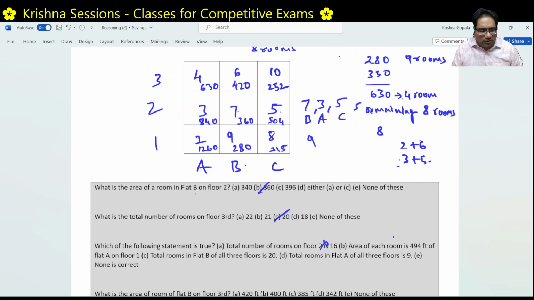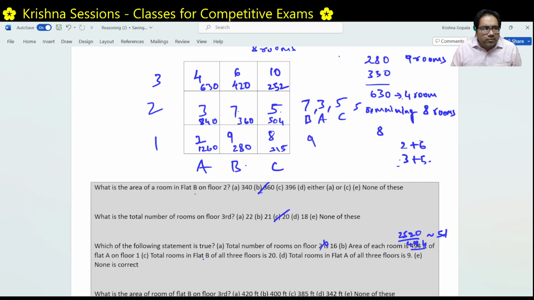It is not 494. 2520 by 494 is not even giving an integer, not giving a natural number. 2520 by 494 is roughly 5.1. 5.1 rooms cannot be possible. So just by looking at the answer, you can say this is wrong, right?